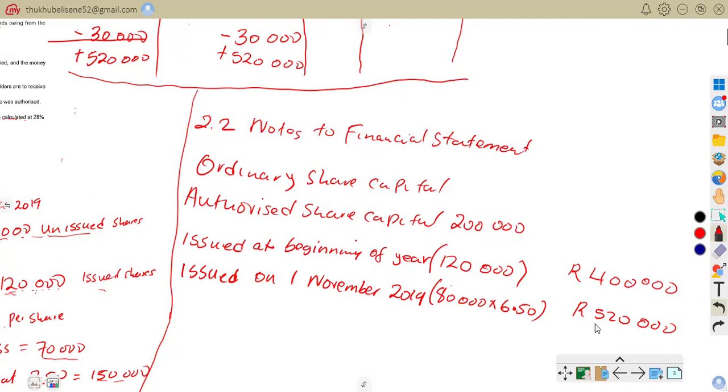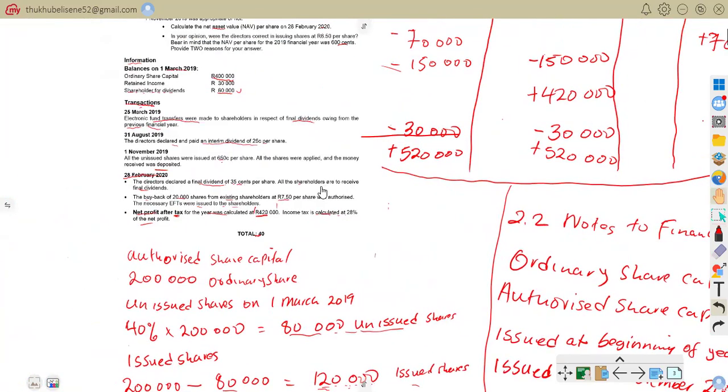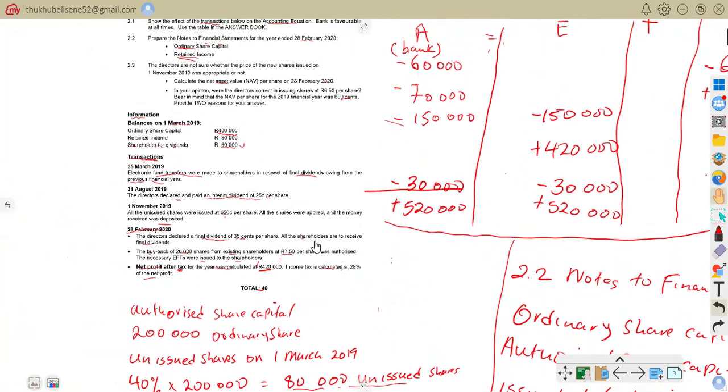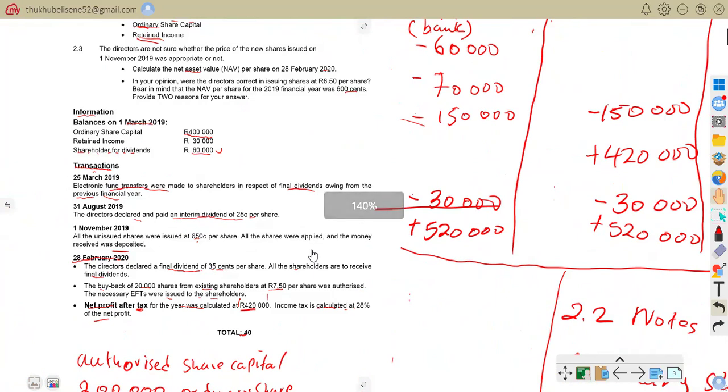So the issue happened on 1 November. You remember that we were told that all shares that were unissued were issued on 1 November at 6 rand 50 per share. Let me just remind you of that transaction so that it becomes clearer. Here is the 1 November that I'm talking about.